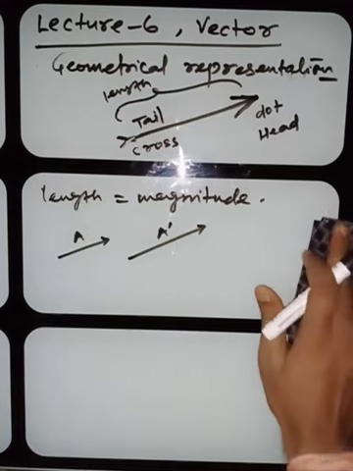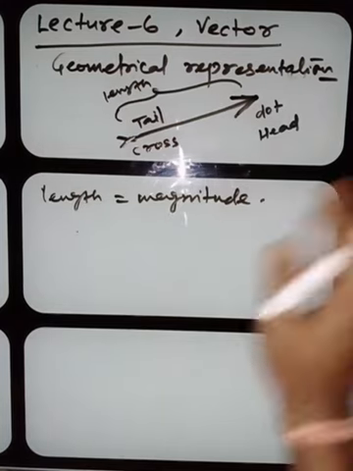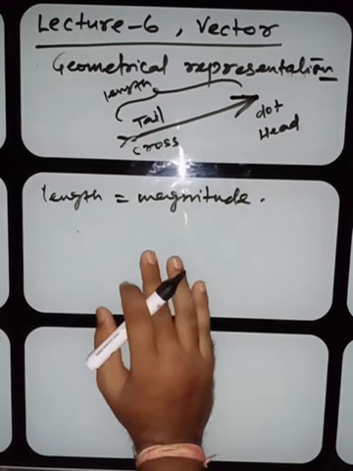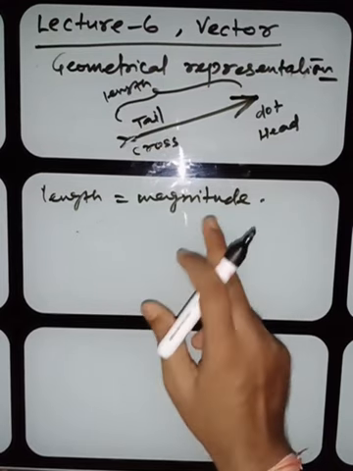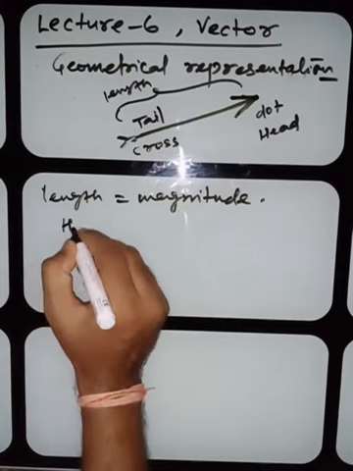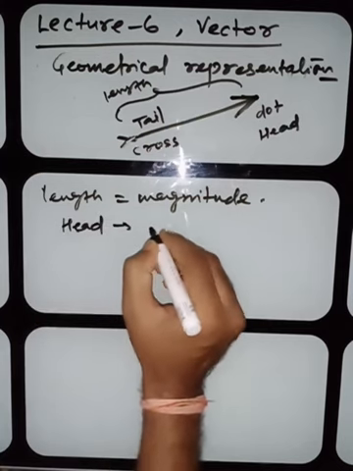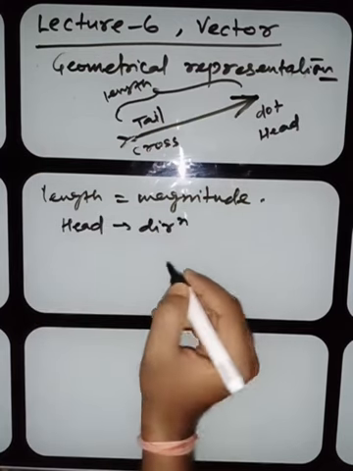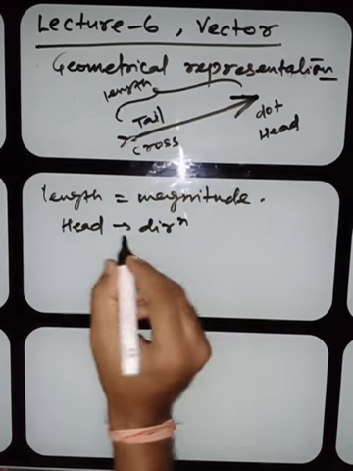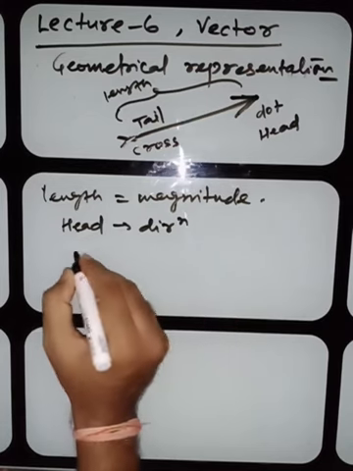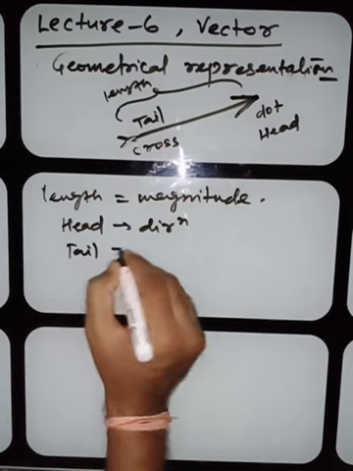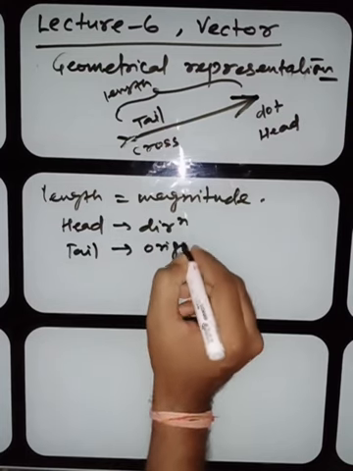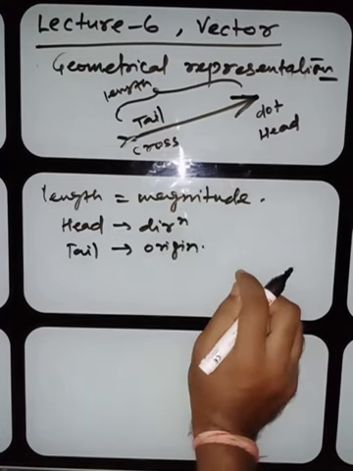Now, remember, the head gives the direction, the length gives the magnitude, and the tail gives the origin from where the vector is starting.